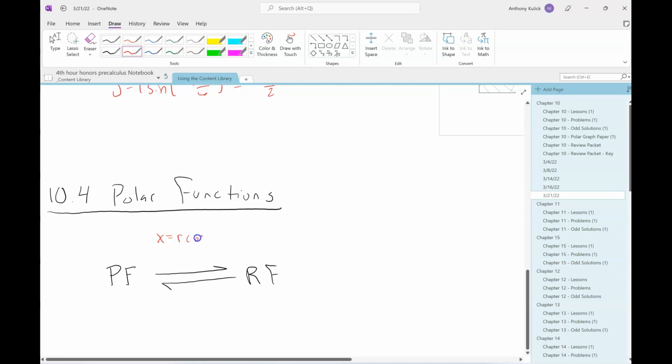The main tools that we're going to use to do that are the same tools that we use to convert back and forth between polar coordinates and rectangular coordinates.